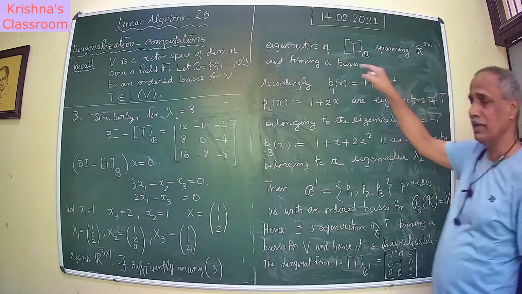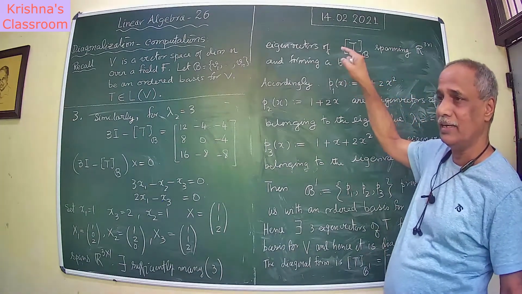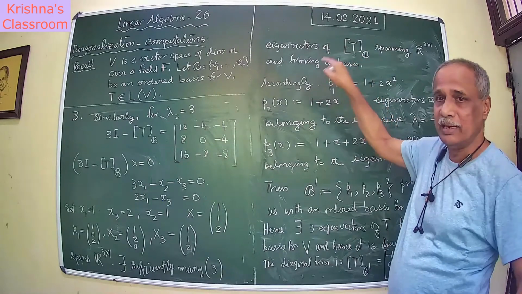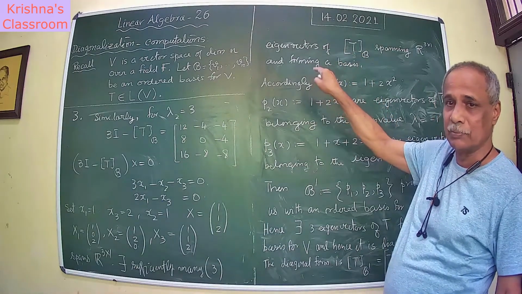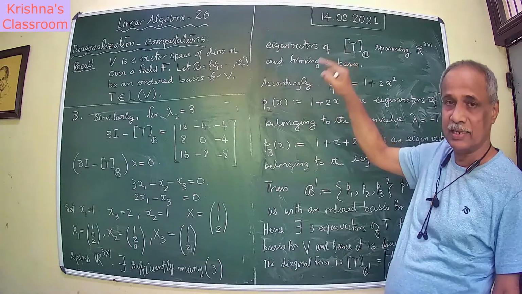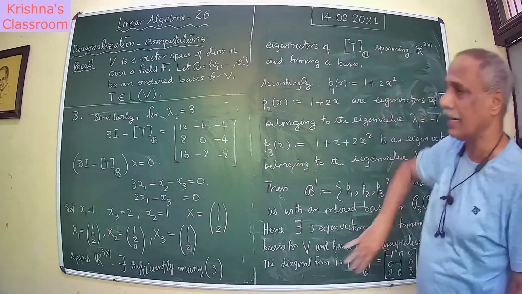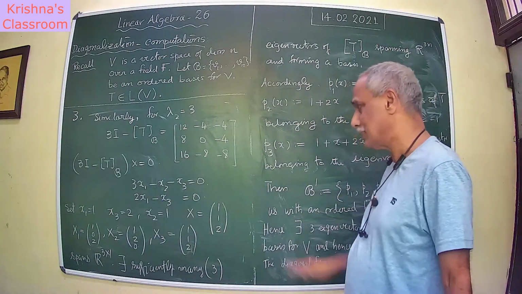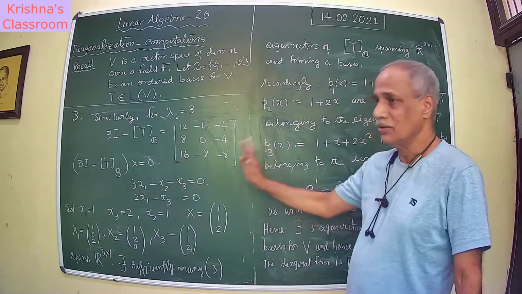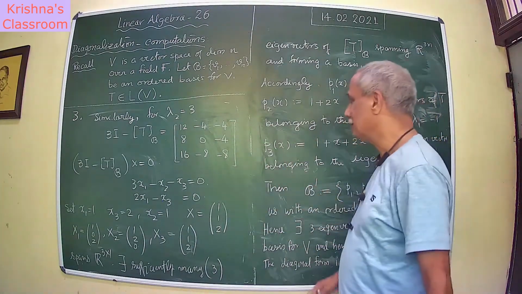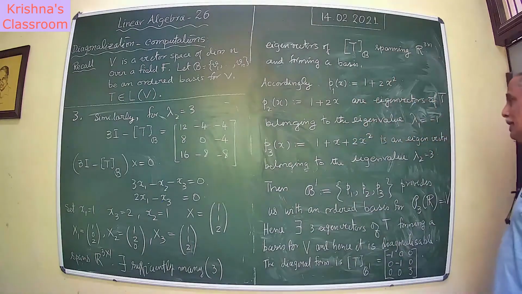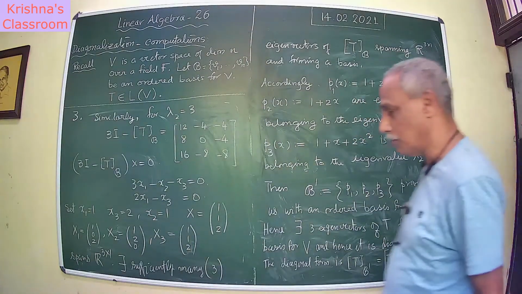Then how do we compute the eigenvalues by looking at the matrix representation, and then how you pull back into the original space. That is why I have specifically worked with the polynomial spaces in cases 2 and 3.